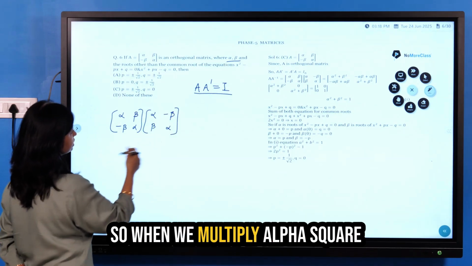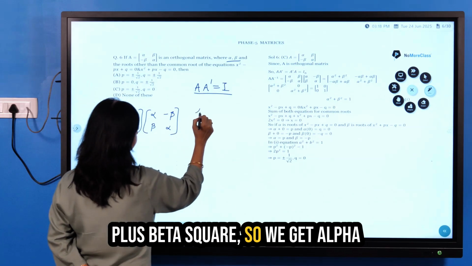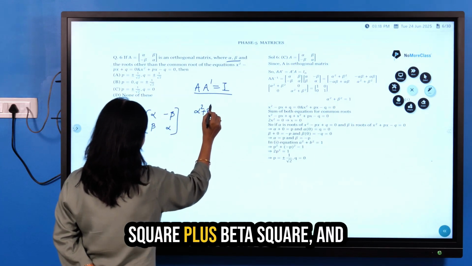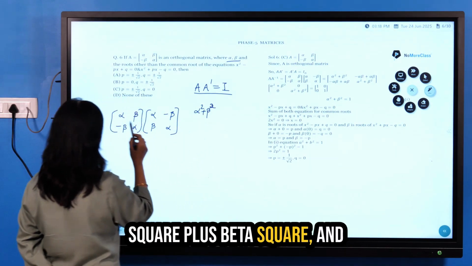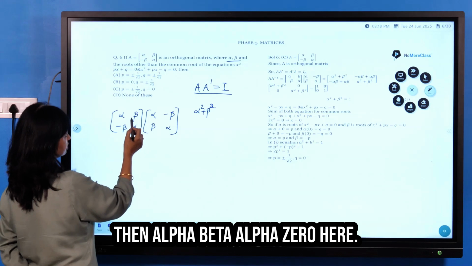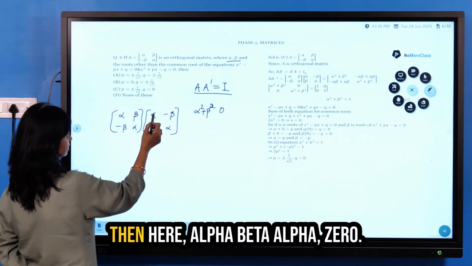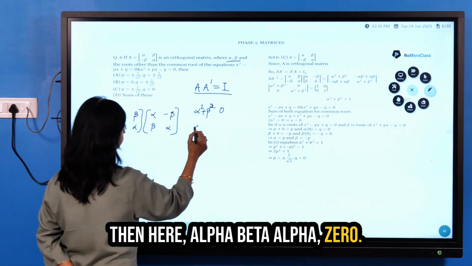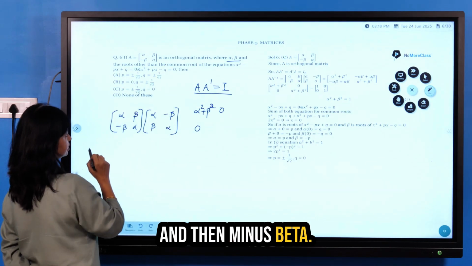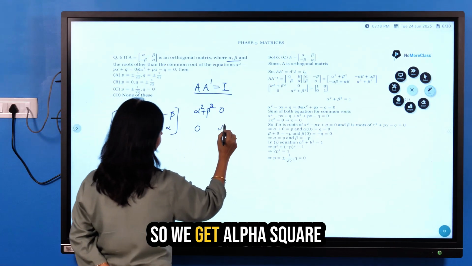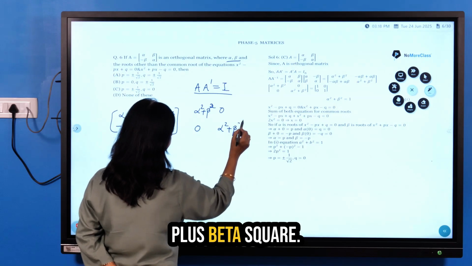Okay, so when we multiply, we get alpha square plus beta square, and then alpha beta minus alpha beta, we get 0 here. Then here 0, and then beta square plus alpha square. So we get alpha square plus beta square.